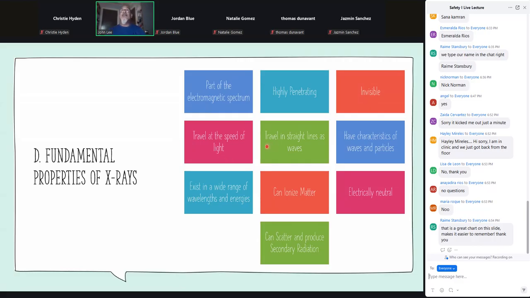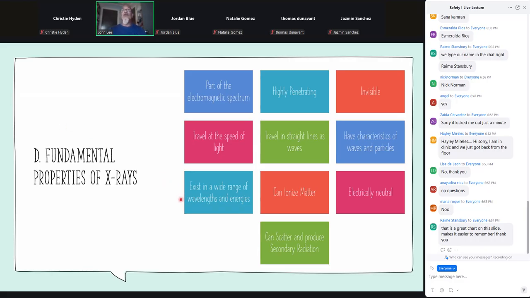They do travel in straight lines as waves, so they go from one point A to point B directly. They cannot be curved or refracted, not on this planet. They have the characteristics of waves and particles. So in the characteristic of waves, they can travel through matter, but they can also interact with matter just like particles do.